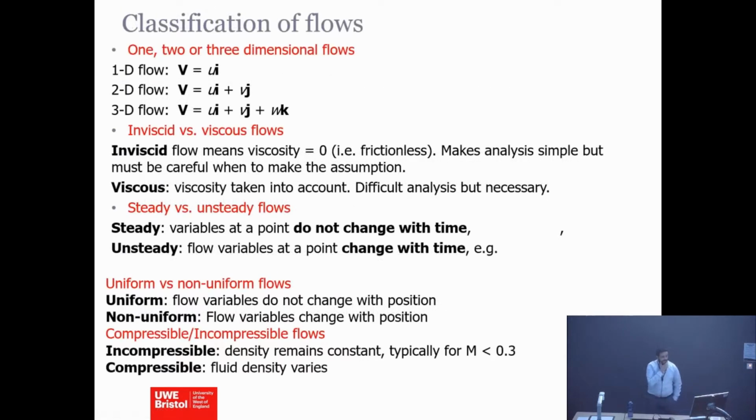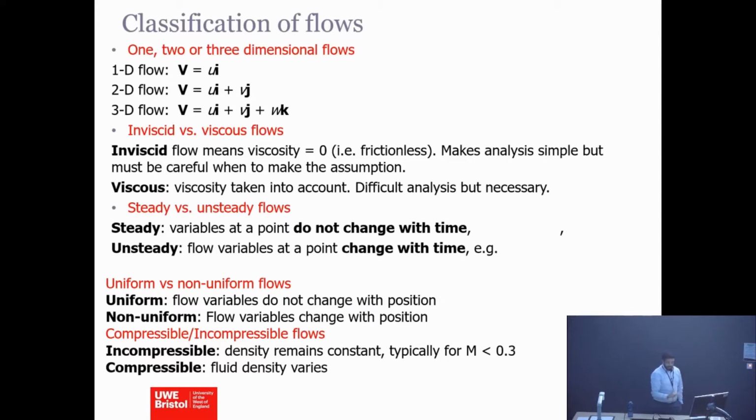We also said you can classify aerodynamic flows in many ways. In terms of dimensions, you can have a 1D flow, which is just a flow in one dimension. For example, you can think about a flow in a nozzle, or the entry to an engine, the intake.